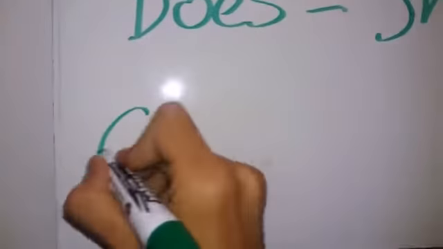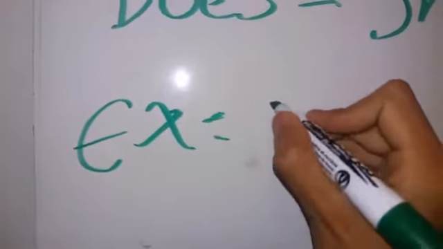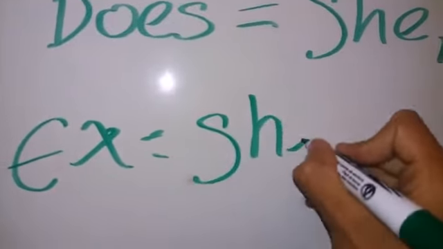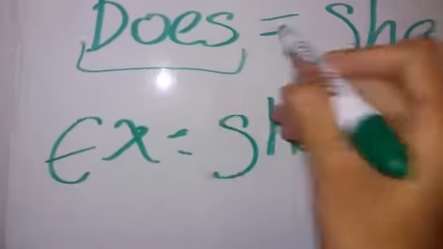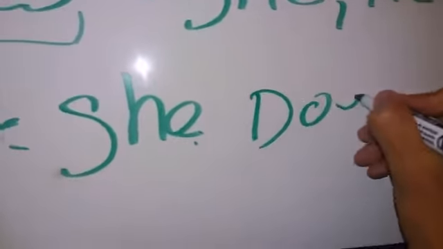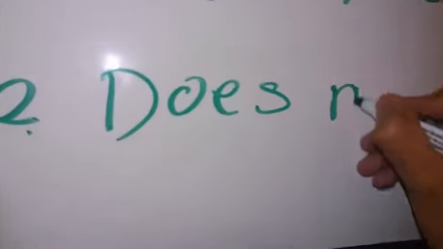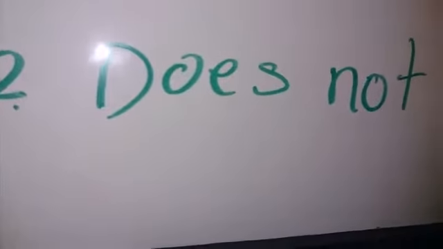So, example. She is a third person, so we use does. She does not eat.